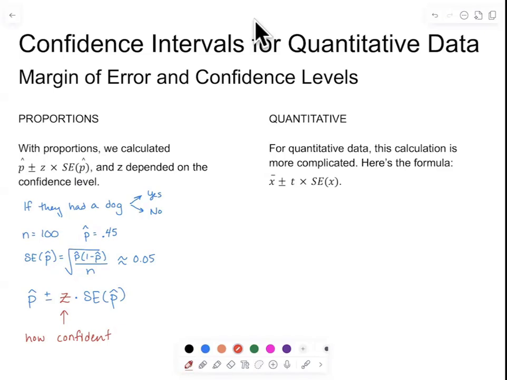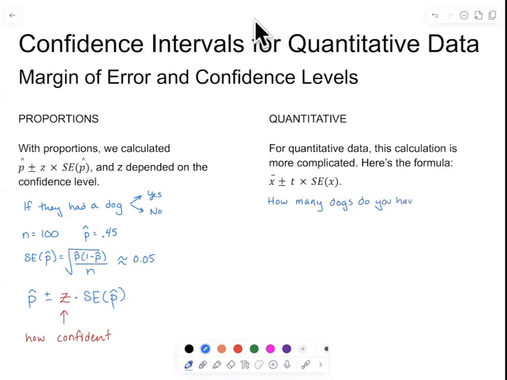Now, for quantitative data, the formula looks quite similar, but there are some key differences. Like the formula for proportions, we have something plus or minus something times a standard error. So the general template is very similar. In this case, we would ask a question that elicits quantitative data, like how many dogs do you have?